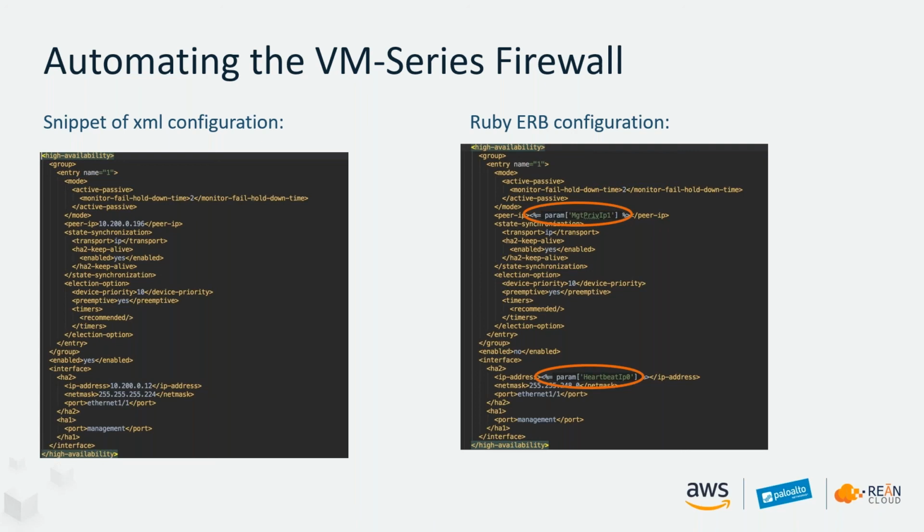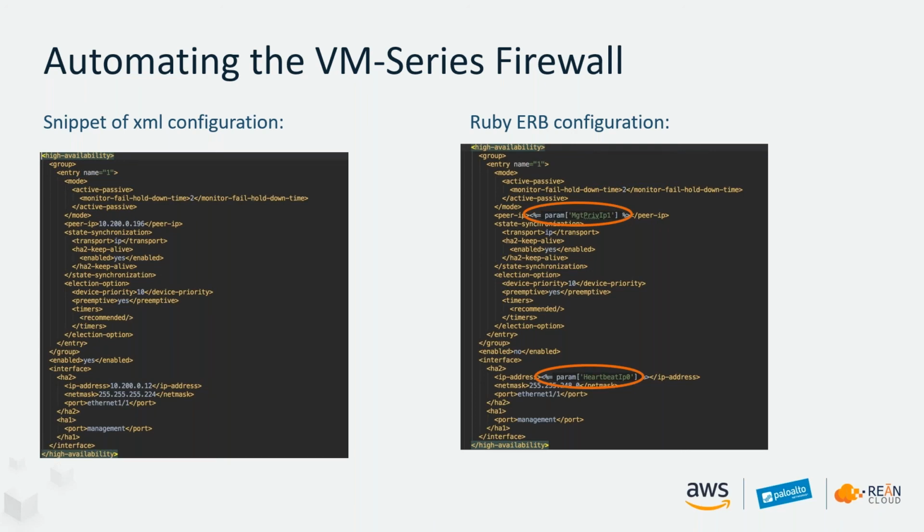And this ultimately would get pushed back to be used as part of the bootstrap. And so we had this configuration. We manually configured it, generated the XML code, used Ruby to templatize it, and then we're able to define the parameters to push those IP addresses that Jenkins had been able to pull back.